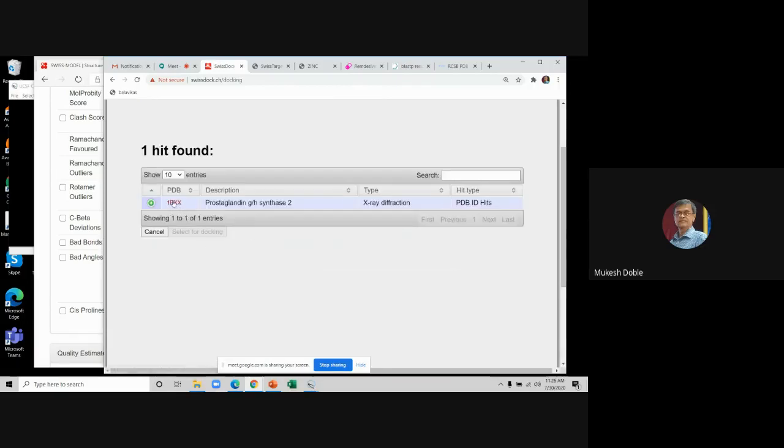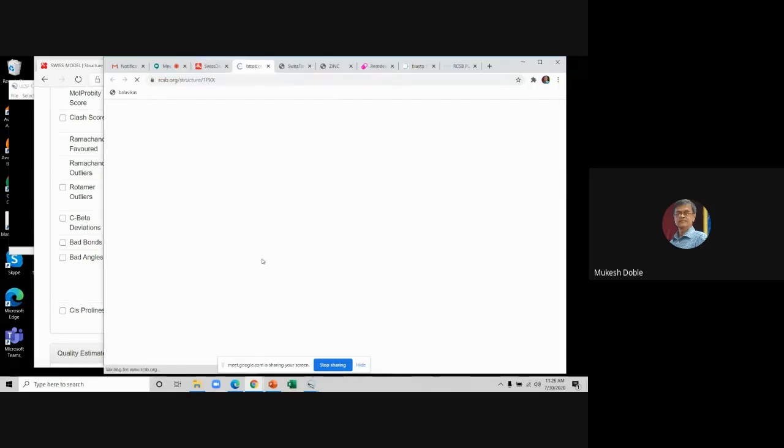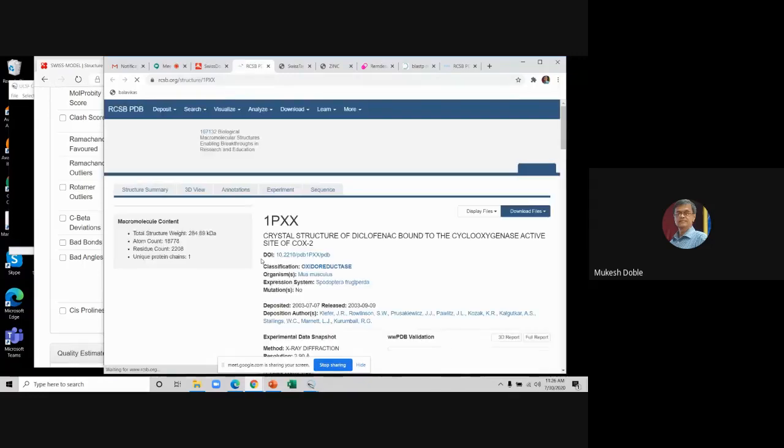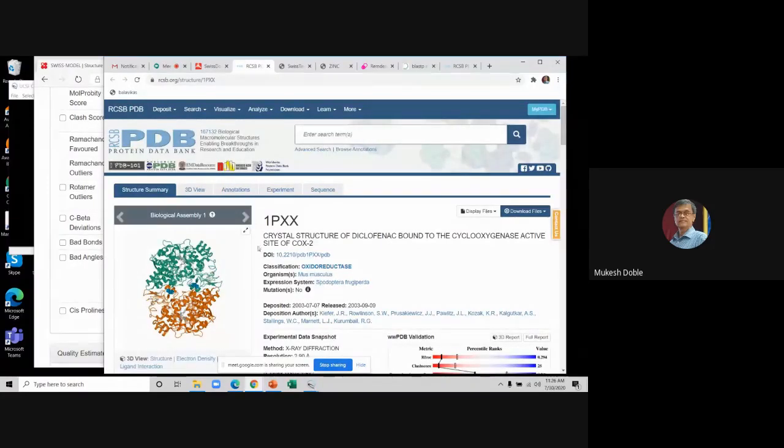It has found 1PXX. If you look at the PDB, this is the crystal structure of diclofenac, an anti-inflammatory given for inflammation, bound to cyclooxygenase at the active site. The advantage is if you remove the diclofenac, you will know exactly where the active site is, so we can put in our ligand.